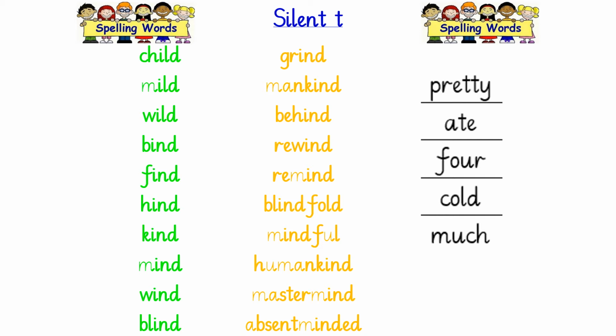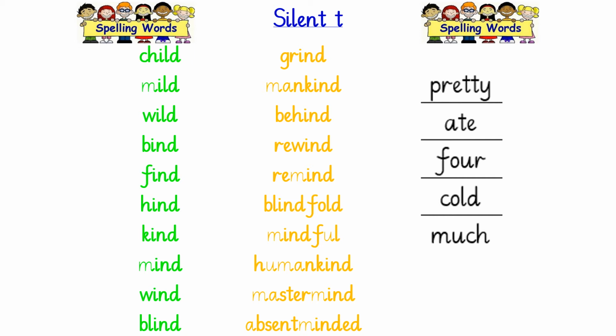Then find, hind. Now, hind really means back. So you talk about animals having hind legs rather than back legs. Or also, behind. If you say what is behind you, it's what is at your back.